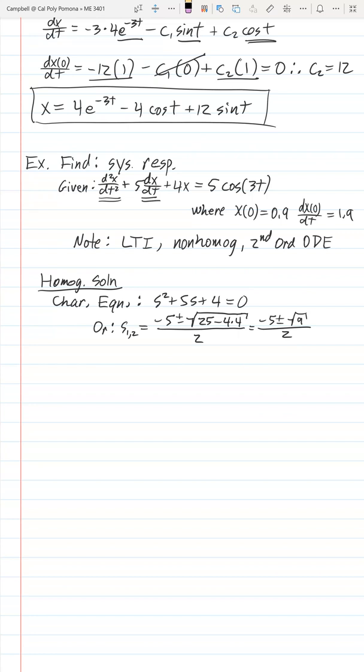And so then that's equal to -5 plus minus 3. So you can see we're dealing with just purely real roots, distinct real roots. So -5 plus 3, that's -2 divided by 2 is -1. -5 minus 3 is -8 divided by 2, that's -4. Okay.